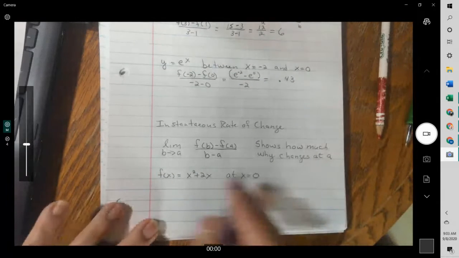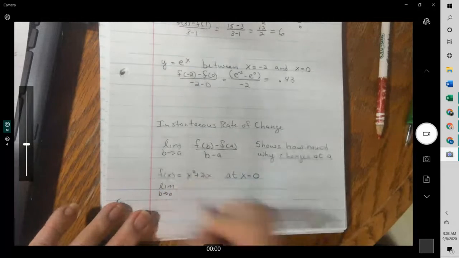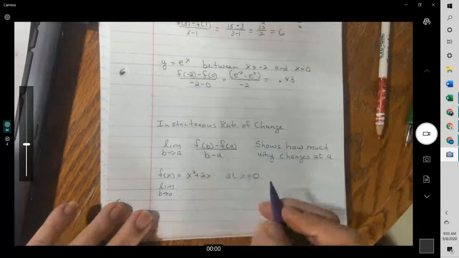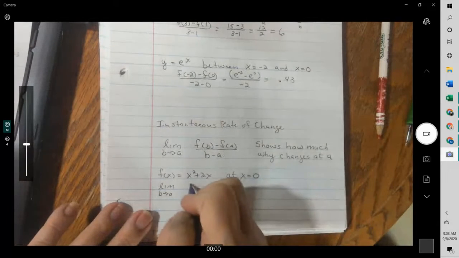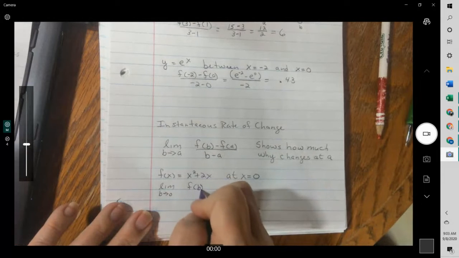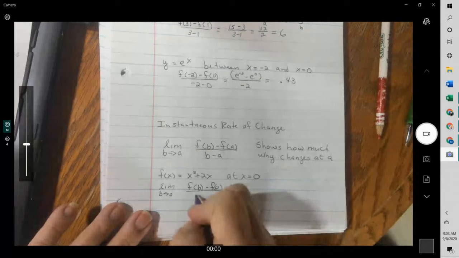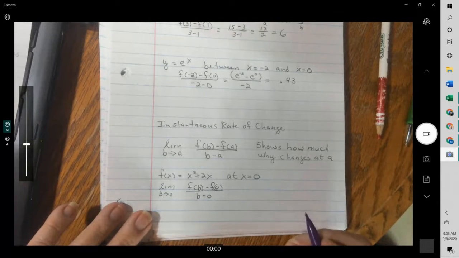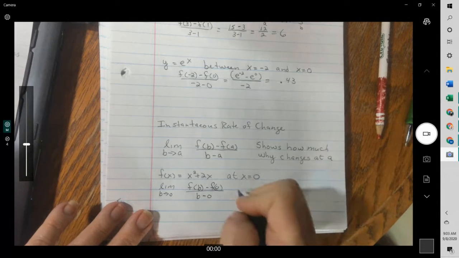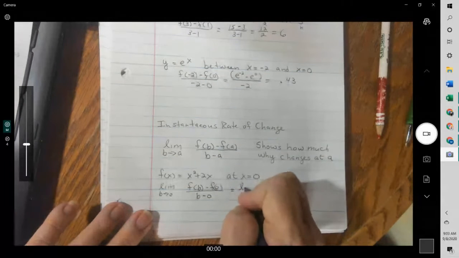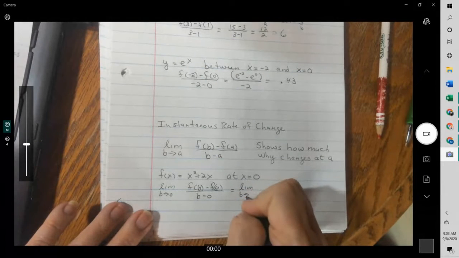So if we look at this problem, we're finding the limit as B approaches 0 of f of B minus f of 0 over B minus 0. So we have the limit as b approaches 0.